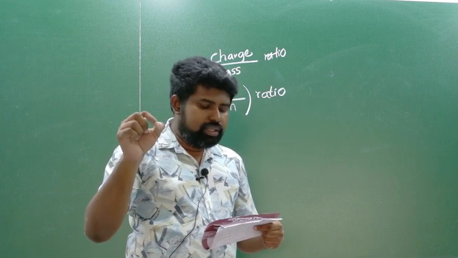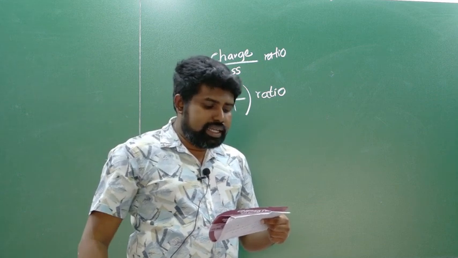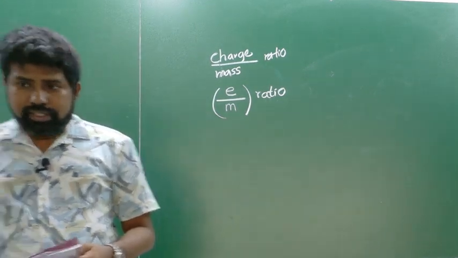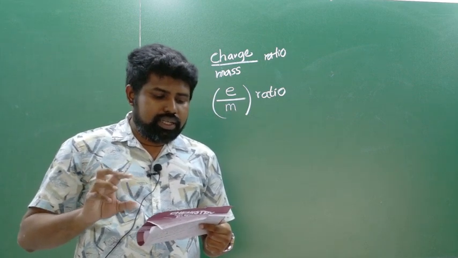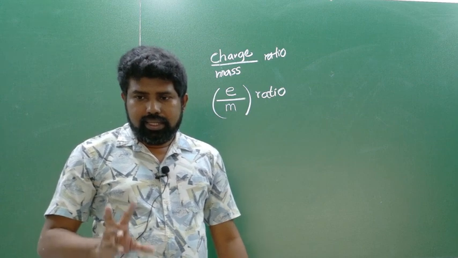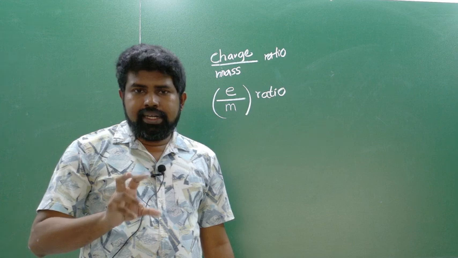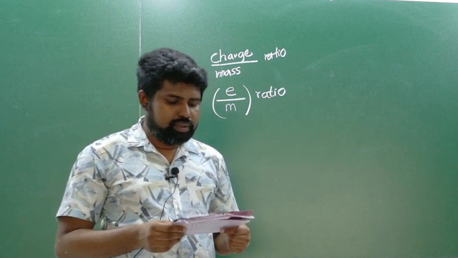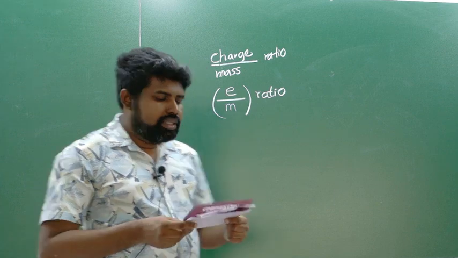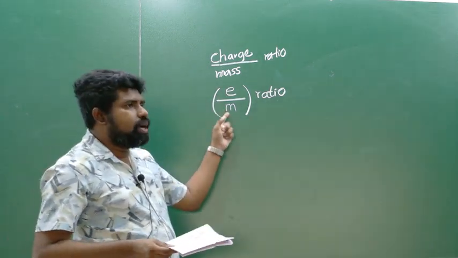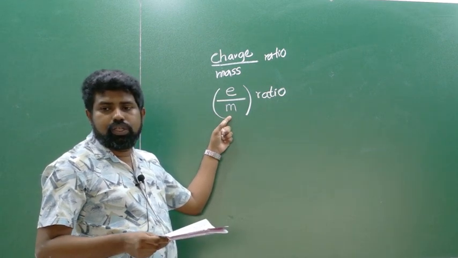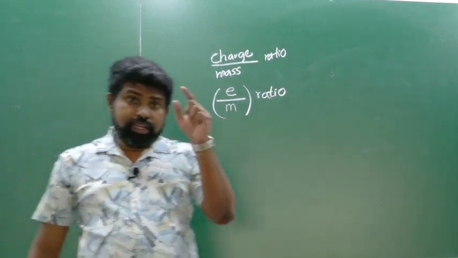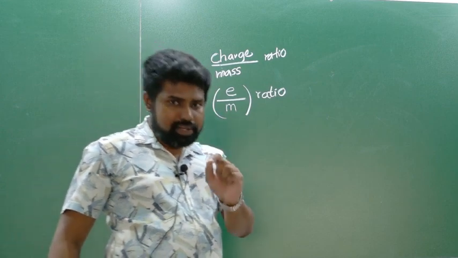Write down the note, highlight the whole sentence: J.J. Thomson experimentally determined the e over m ratio, that is the charge to mass ratio, for cathode ray particles.